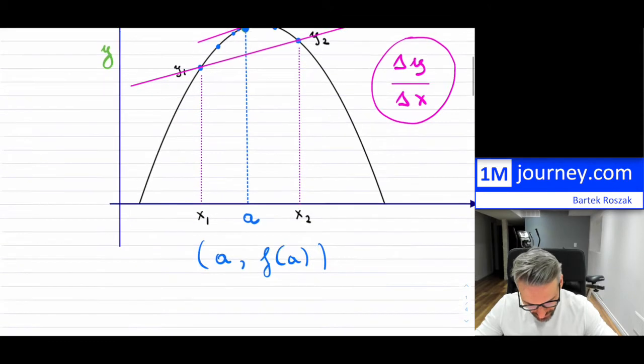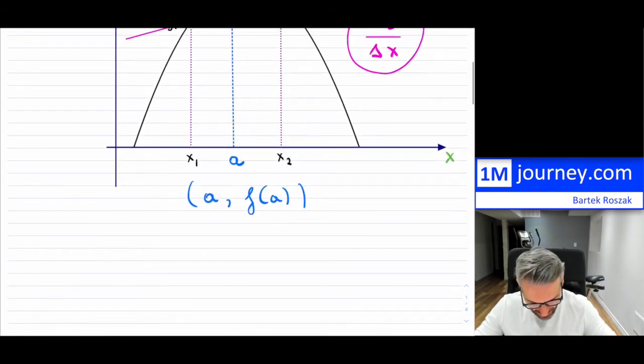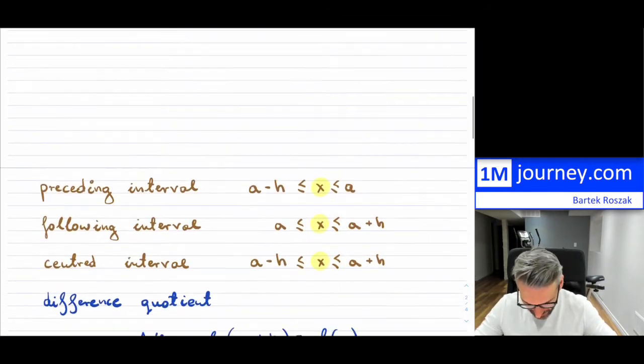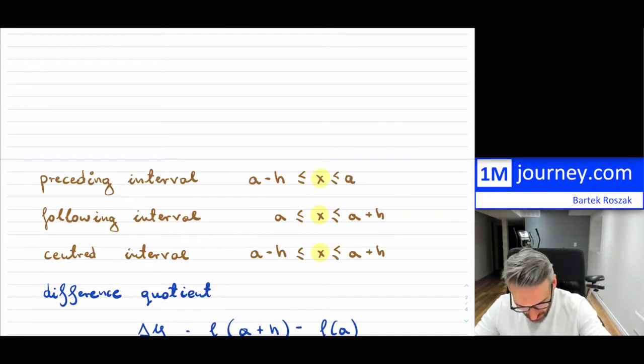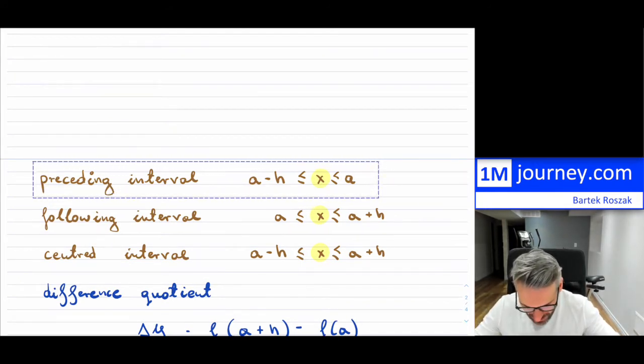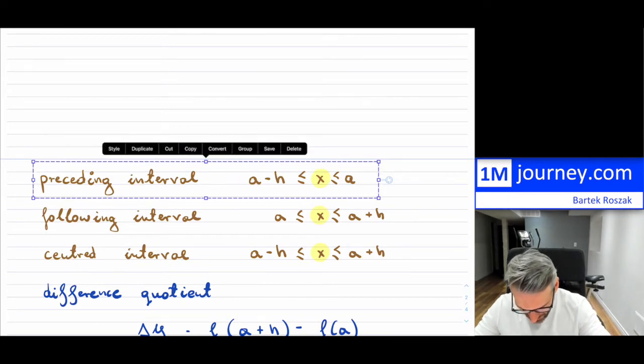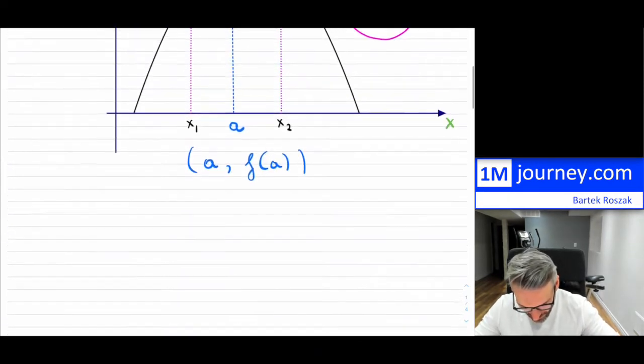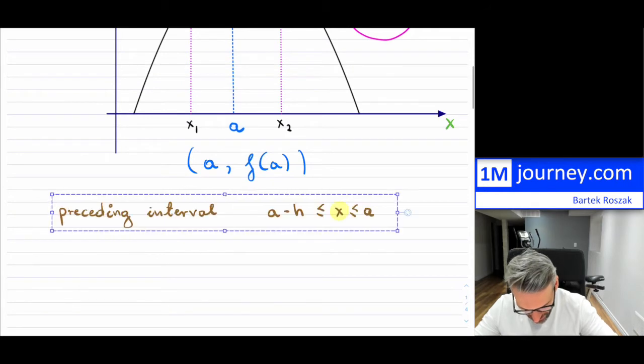Now, there are a few definitions that you might run into, so I'll bring these in here. One of the first things I'll talk about is the preceding interval. I'm going to copy this and bring it up here so that we can see it with the actual graph.